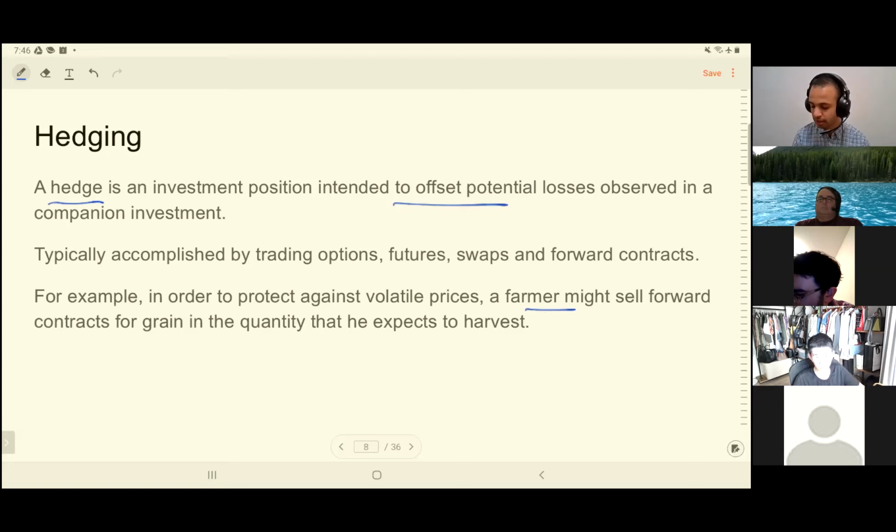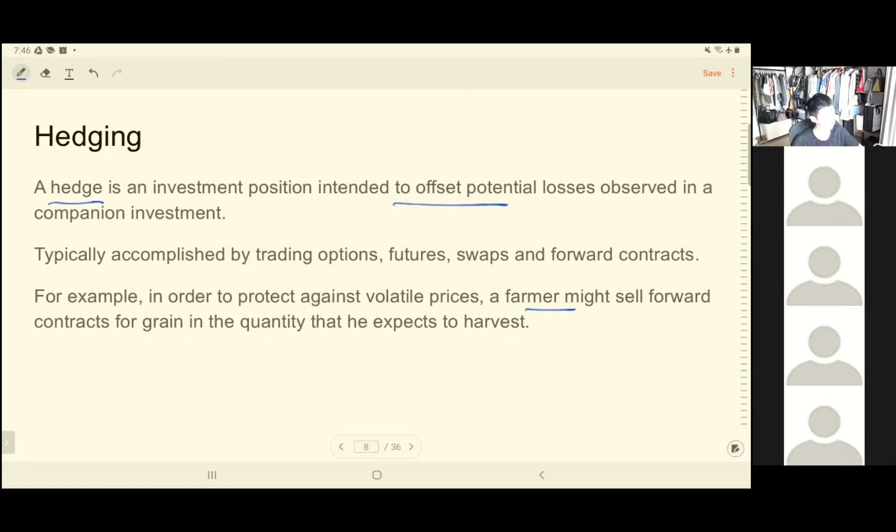In this sort of setting, the farmer may want to forego some upside, in the case where the price of wheat is higher than expected, in order to protect against the downside and lock in a price by selling some forward contracts that say, I'll deliver this amount of wheat to you when it's harvested for a predetermined price.